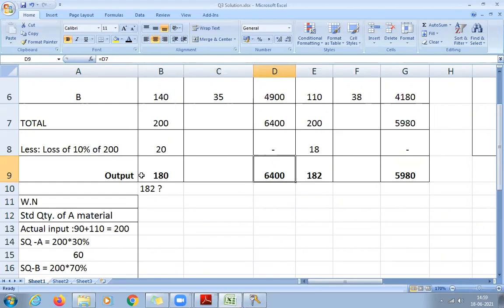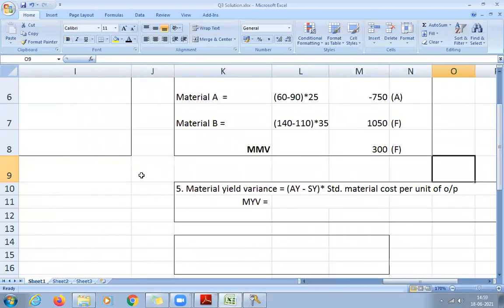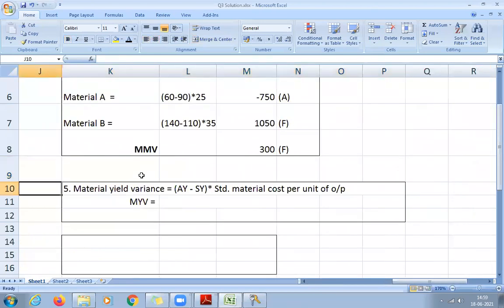So 6,400 divided by 180, then you will get the standard cost per unit. So we know actual yield is 182 and standard yield is 180, and standard cost per unit you have to calculate. So total cost 6,400 divided by total output, 180.